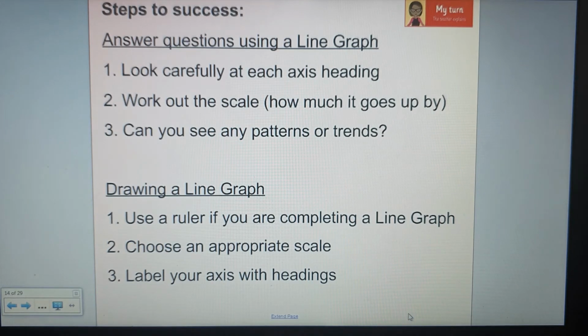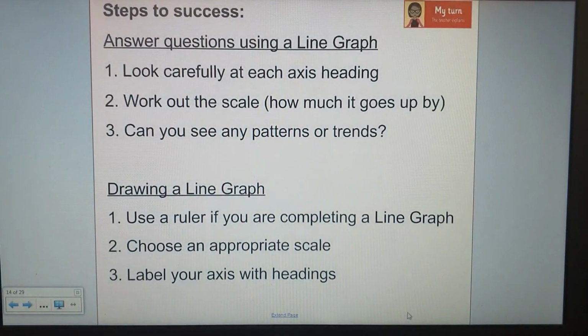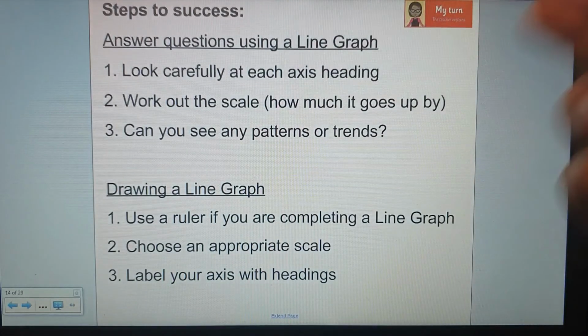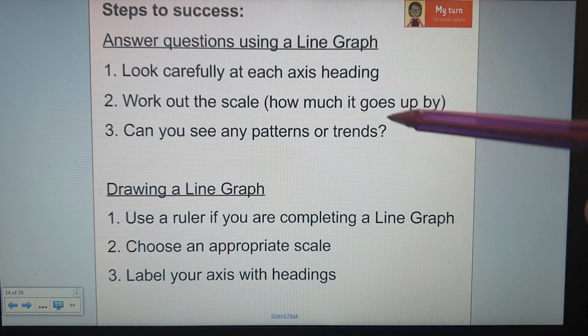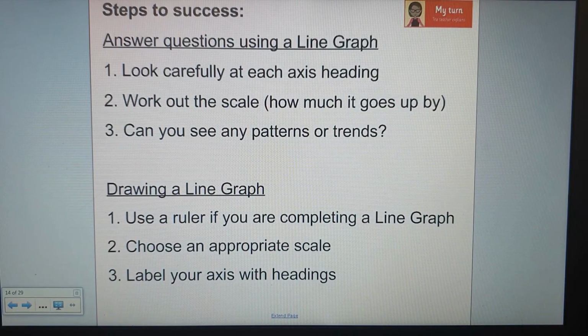And also what is the measurement? Work out the scale, how much is going up by, because that gives you a clue if you're looking in between the scales. Can you see any patterns or trends? So like when we saw Mr. Woolley's journeys, you could see how his journeys were changing when he stopped, or you could see the speed of the journeys by how steep the lines were.